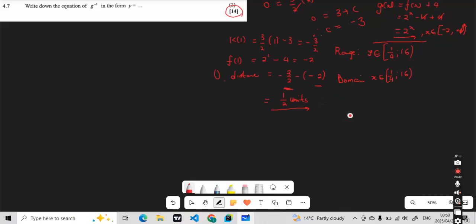So remember, the equation of g of x is equal to 2 to the x. So x is equal to 2 to the y. That is the inverse.